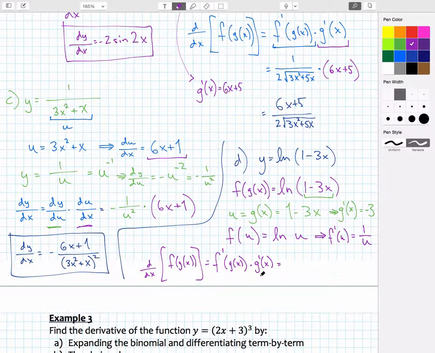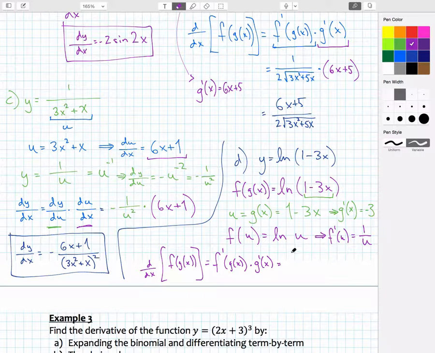So let's do that. We get our derivative of f, which we saw was 1 over u, but again, instead of u, we want to substitute g of x back in, which is u. It's the same thing. u equals g of x, which was 1 minus 3x.